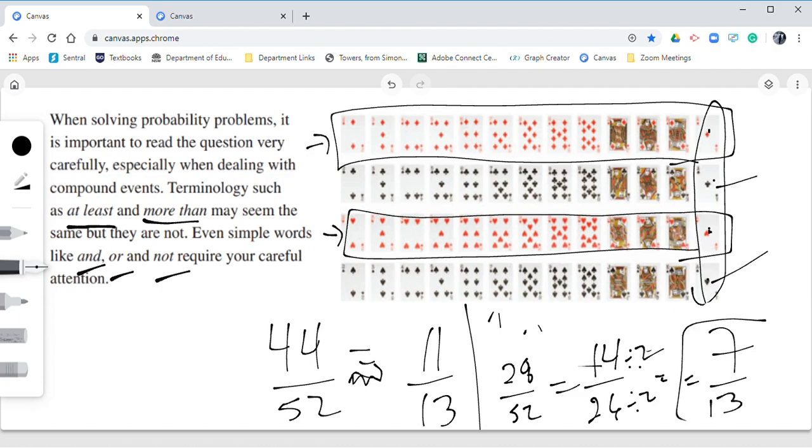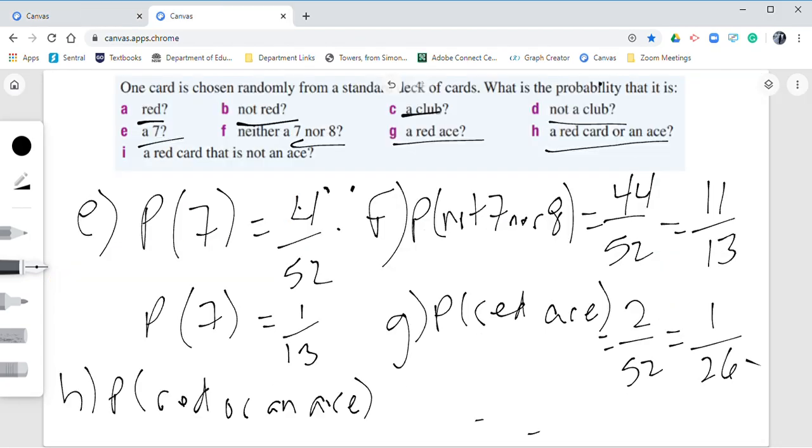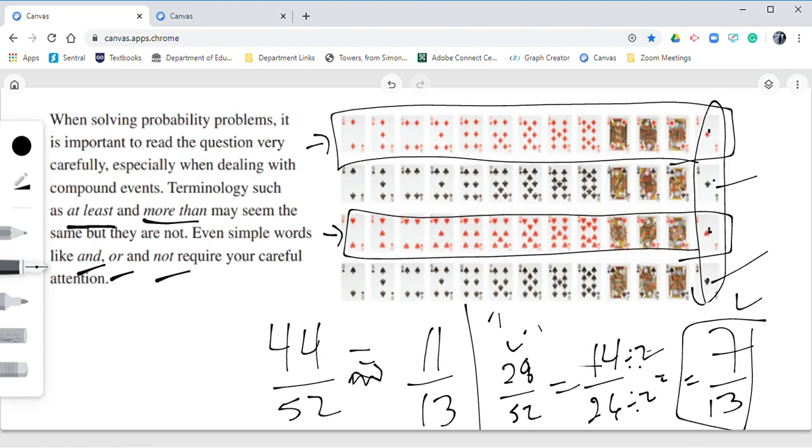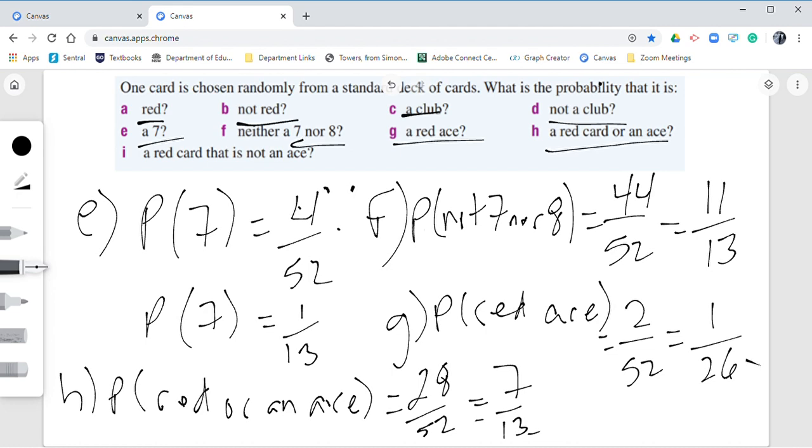So there's our probability right there. So I'll state that it's 28 out of 52 or 7 out of 13, okay? Yep, perfect. So that was a red card or an ace.